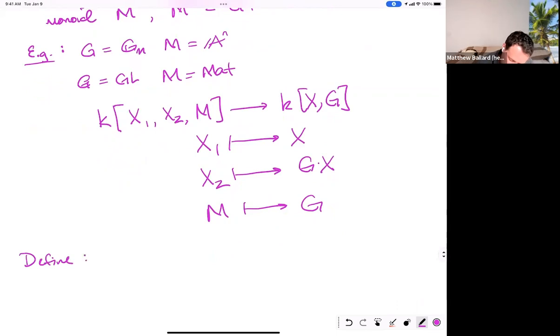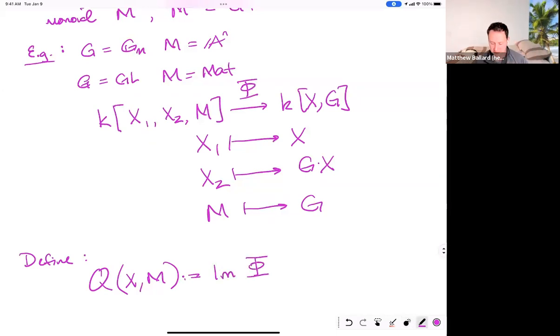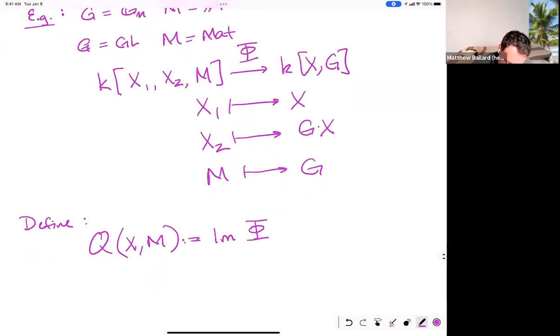Let's define Q. It depends on X and on M, and X with the G structure, so maybe I should put a G in there. Let's call this map phi, just to give it a name. So this will be the image of phi under this homomorphism, right?